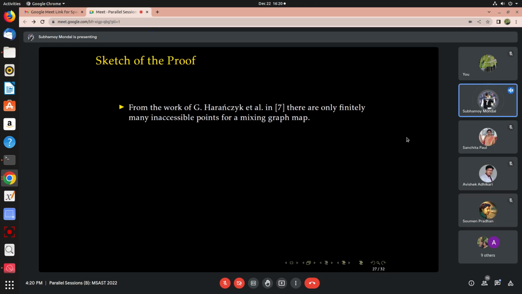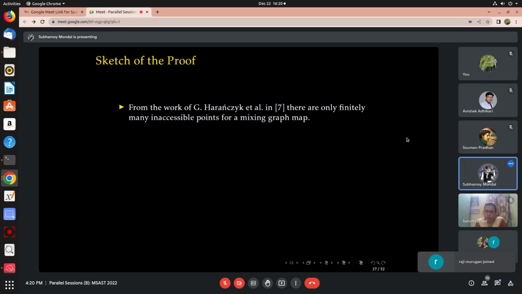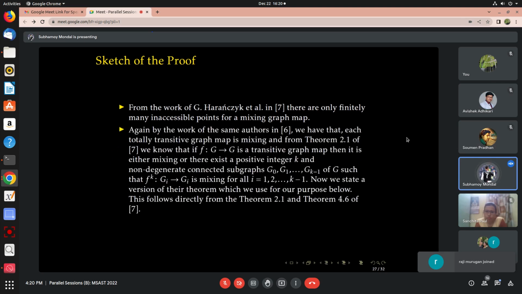These are actually called the inaccessible points, and the result by Haran-Jig is that there are only finitely many points in a mixing graph map which are inaccessible. And this is the result of block decomposition.